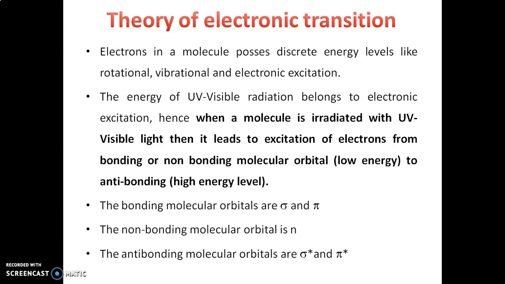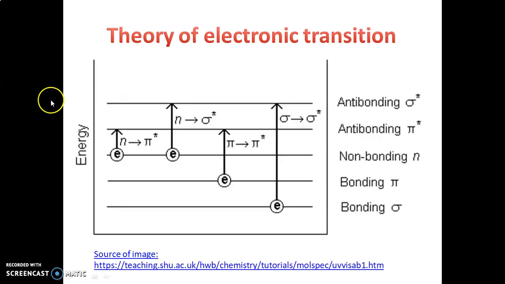Now the antibonding molecular orbitals which exist in a molecule, sigma star and pi star, are the higher energy levels, and the electrons get excited from sigma, pi or n orbital to the higher energy level sigma star or pi star orbital. Now this diagram will explain how the excitation occurs. If you check this diagram, this is the energy level diagram in which there are several discrete energy levels.